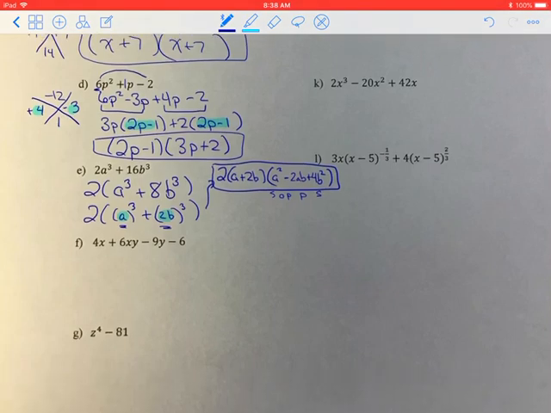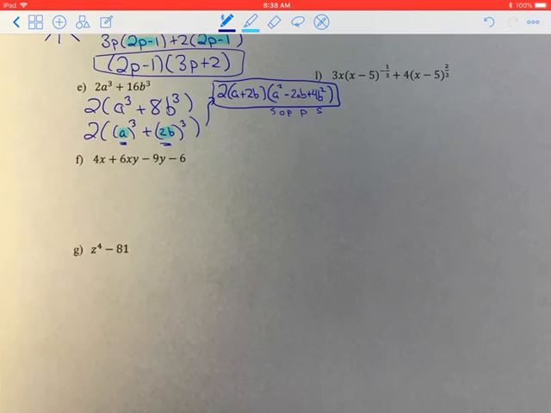All right, so let's try F. So I don't see anything common all the way across, but I notice I have 4 terms. So I'm going to try grouping 2 and 2. I can take out a 2x, and that will leave me 2 plus 3y. And here these are both negative, so I'm going to try to take out a negative 3, and that would leave me 3y.